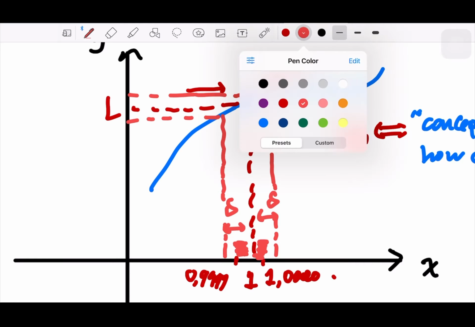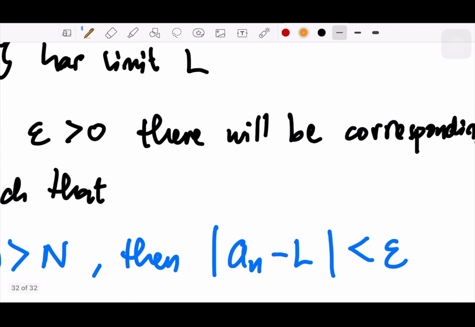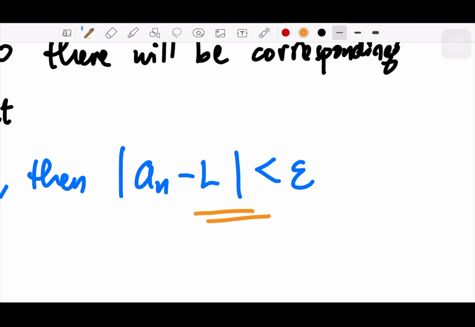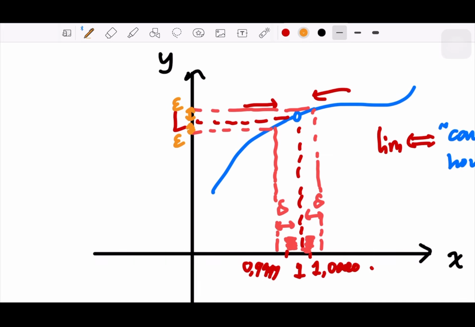So because of this delta, we will also have epsilon, the distance in L. So delta and epsilon are small distances. Now, this epsilon is the one that we are talking about in here, the same concept of epsilon, which means that we are going to define how small the epsilon is.